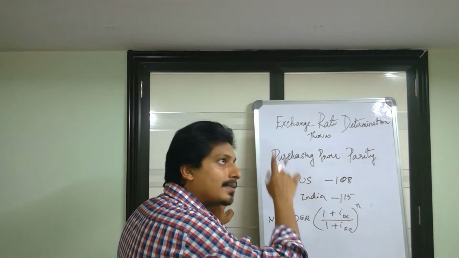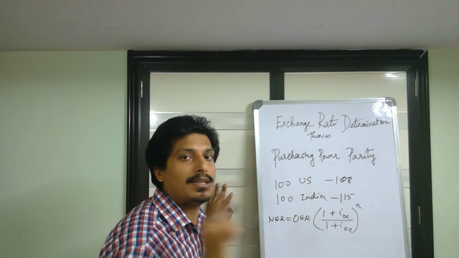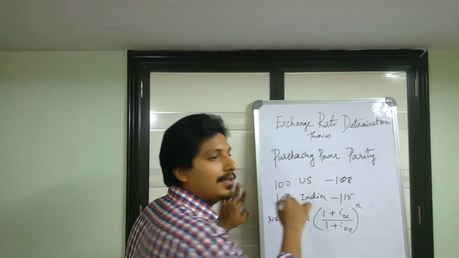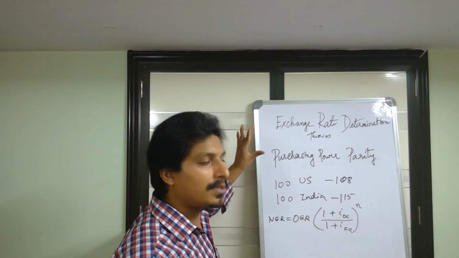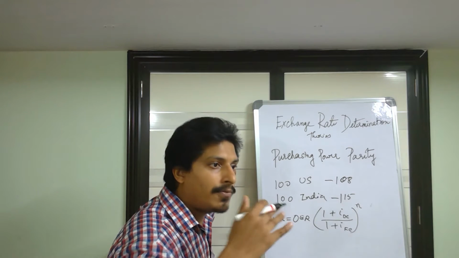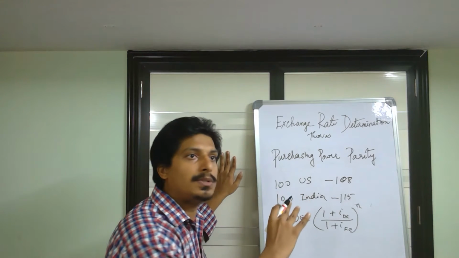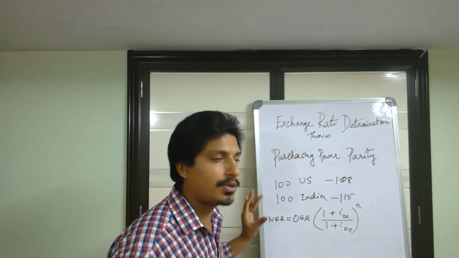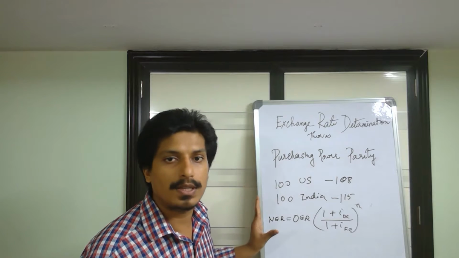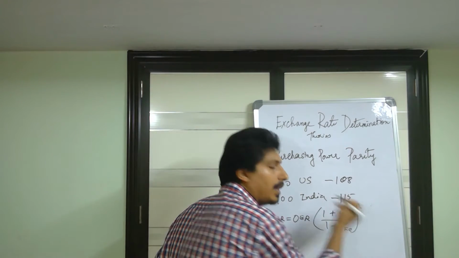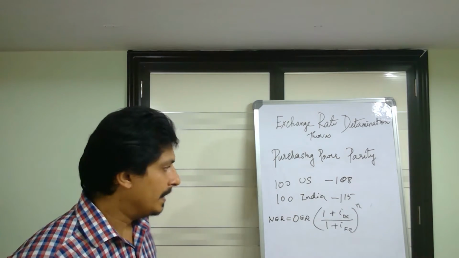There I had written yesterday and after 1 month in the question. Instead of using after 1 month, you write after 1 year. 10,000 was in the beginning, 10,200 was in the beginning, and after 1 year it became 11,000 for India, 11,212 for US, which means here in the formula you put 1 to the power 1.